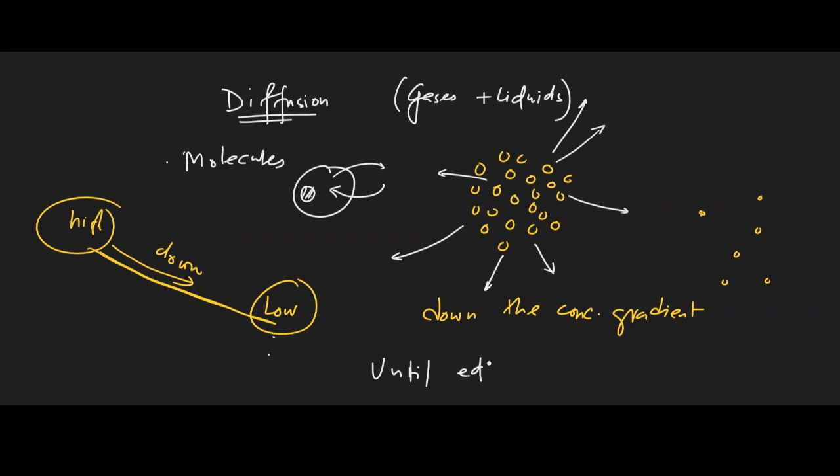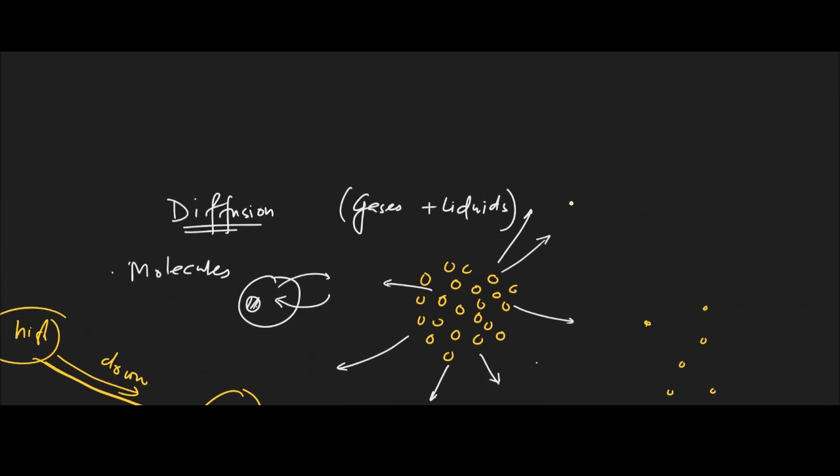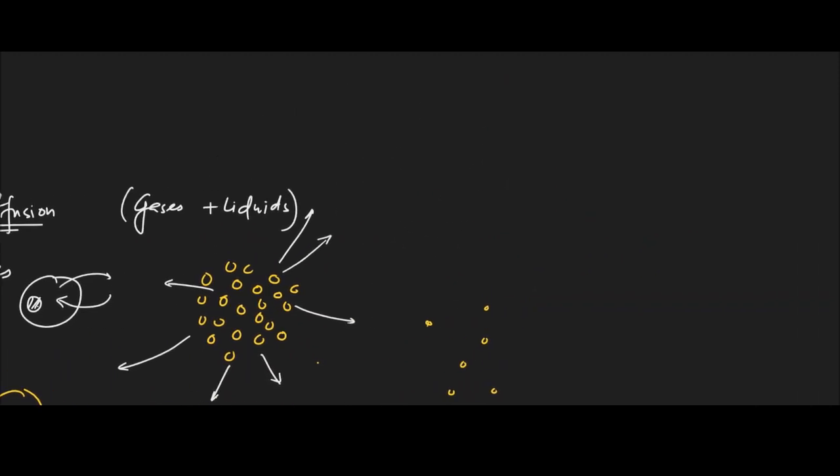That point is referred to as equilibrium. So we say that the process has reached equilibrium. At equilibrium, these molecules, which were highly concentrated over here, after a while will be quite spread out.